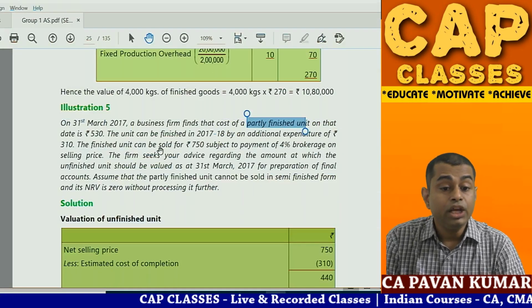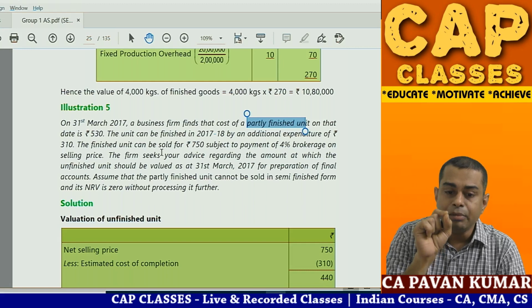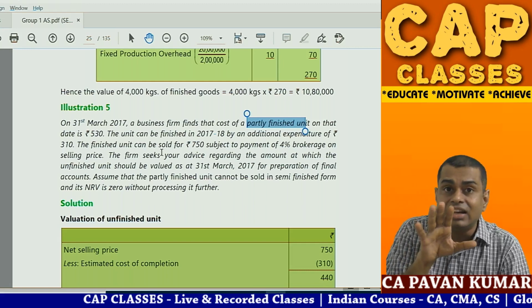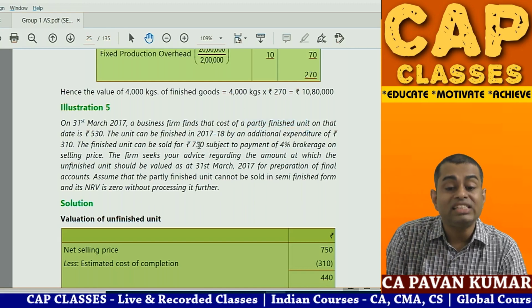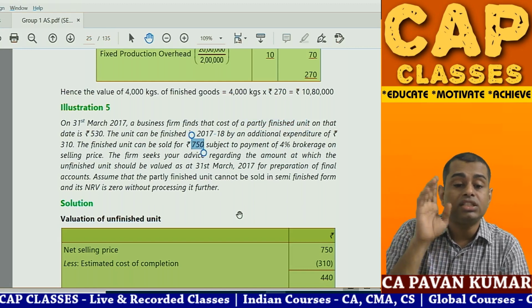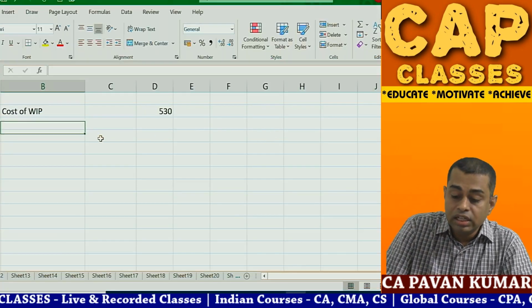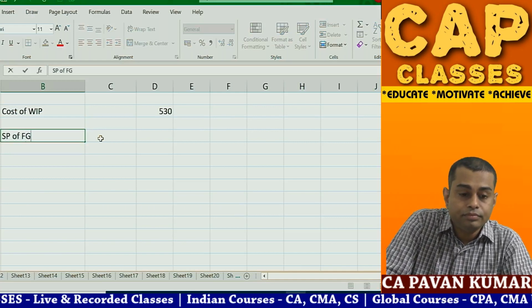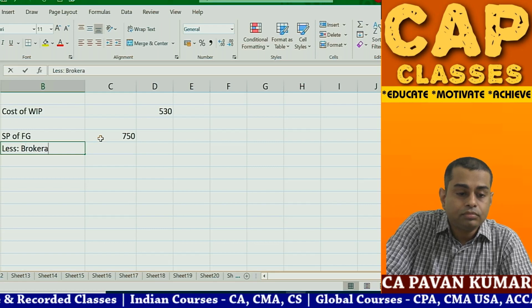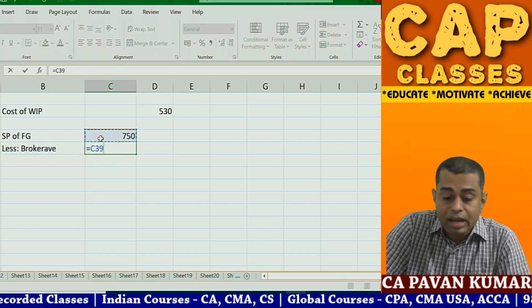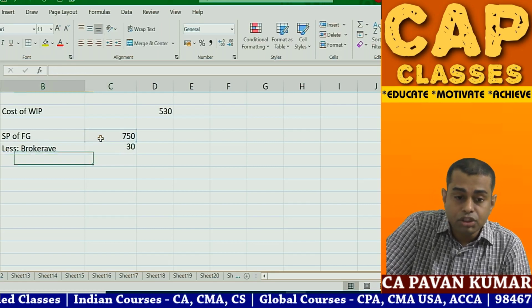The unit can be finished in 2017-18 by an additional expenditure of 310. So what is additional expenditure? 310. The finished unit can be sold at 750 subject to 4% brokerage. So selling price of finished goods, how much? 750 less brokerage 4%. So take the above number into 4%, that comes to 30 rupees.